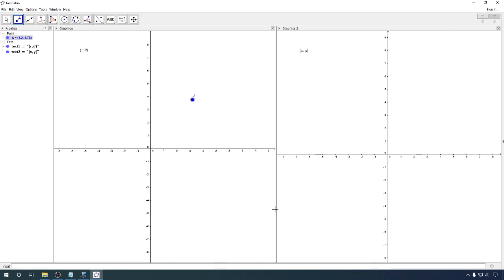So if we put a point over here, I want to take the point where x is 3.2 times the cosine of 3.78, and y is 3.2 times the sine of 3.78. We get this point here. That transformation, our formulas for polar coordinates, is taking this point in the r theta plane and plotting this point over here. So this is a distance of 3.2 from the origin, and the angle, in radians at least, is 3.78.